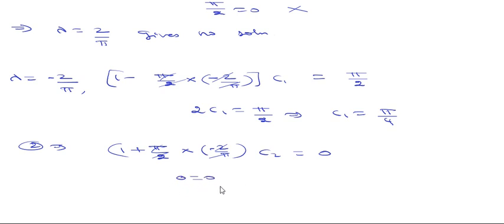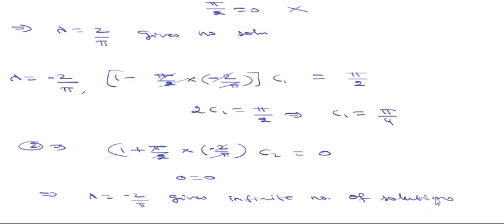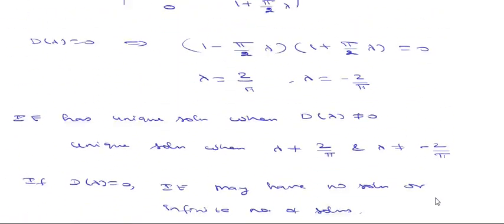Therefore 0 equal to 0, so both sides are satisfied. So lambda equal to minus 2 by pi gives an infinite number of solutions.